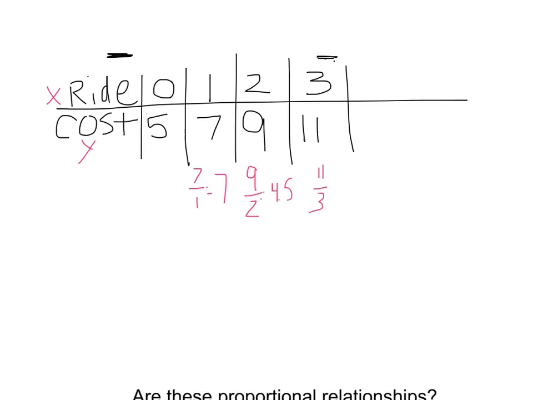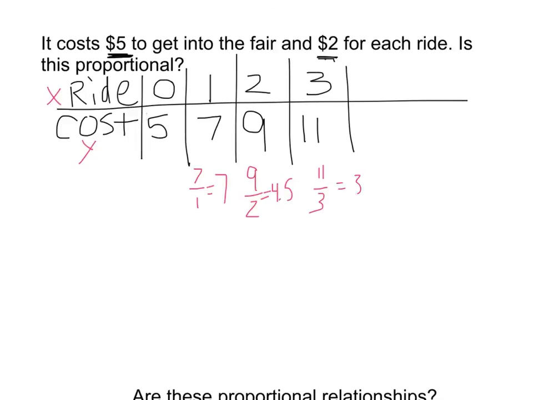And 11 divided by 3 is 3.6 repeating. In this case, it's not a proportional relationship. And that makes sense because we had to pay this $5 to get into the park. So if we double the number of rides we went on, it's not going to cost us twice as much because of this entry fee we had to pay at the beginning.